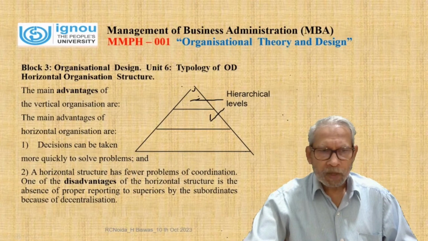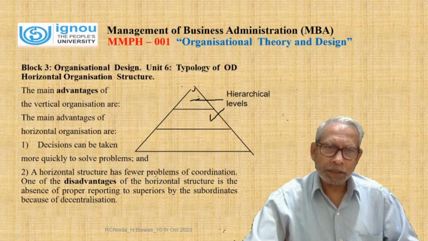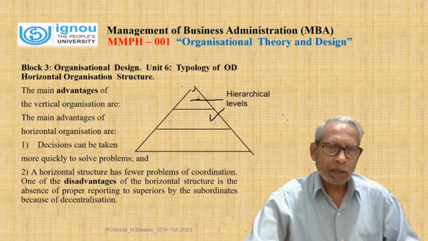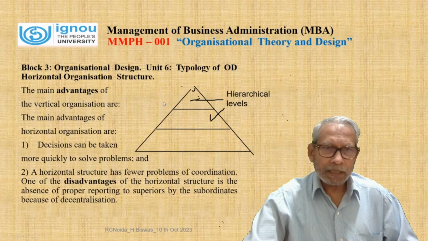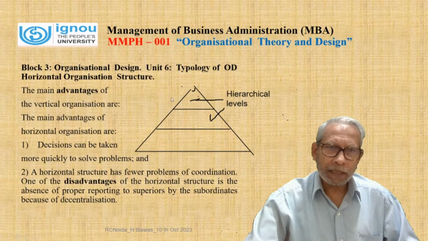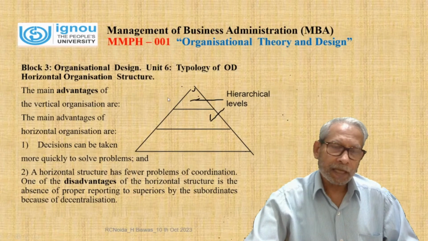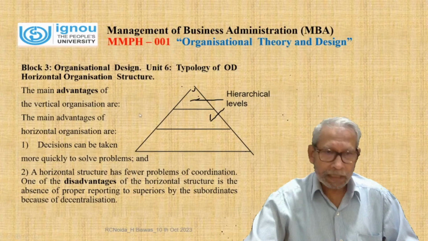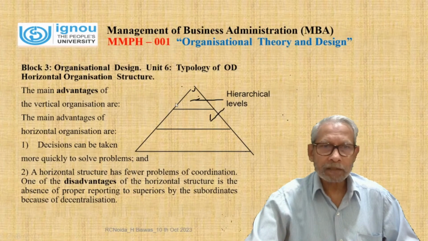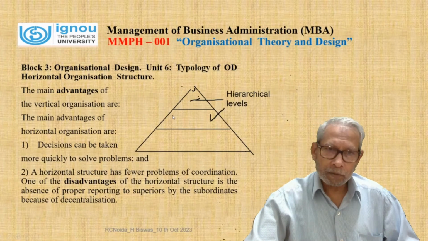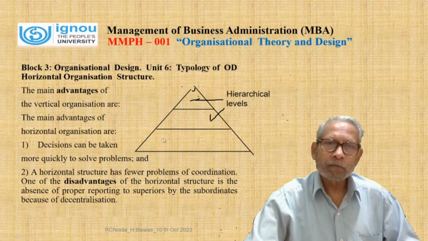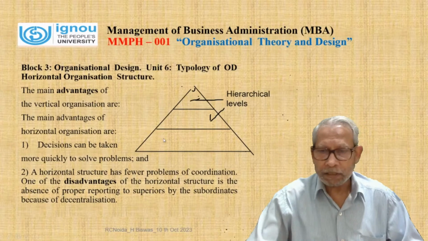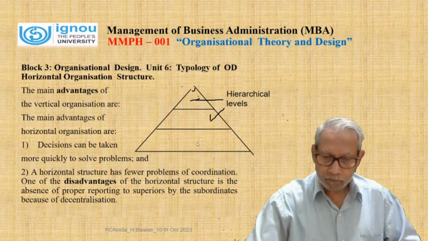Put another way, in the vertical structure quality will be good because the chances of mistakes are less, since with a lot of coordination something can be caught somewhere by the officers at various levels, and checkpoints are more. In this case the checkpoints are fewer, so the coordination points are not there, and there are chances of mismatch or not very good decisions.